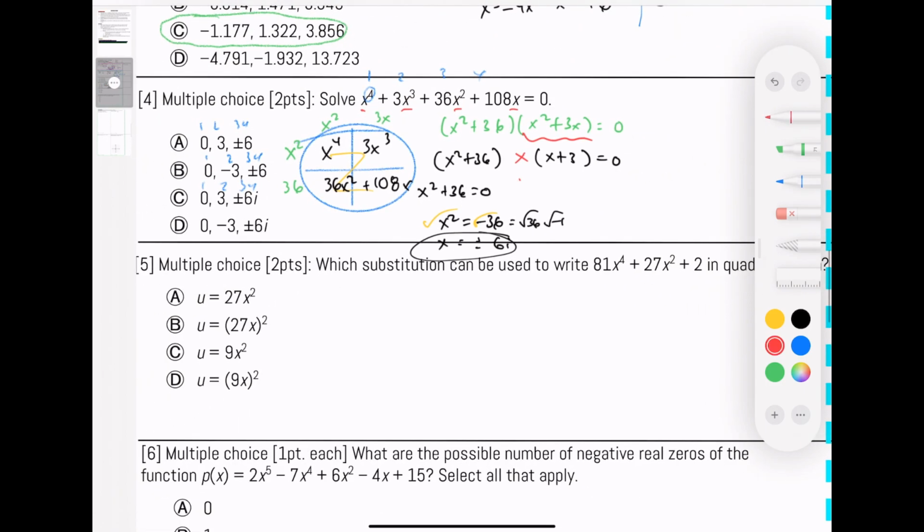Okay, that one, that's x equals 0. That's a solution. And then this one, there's your solution. So negative 3, I have 0, and plus or minus 6i. So our correct answer is going to be D.